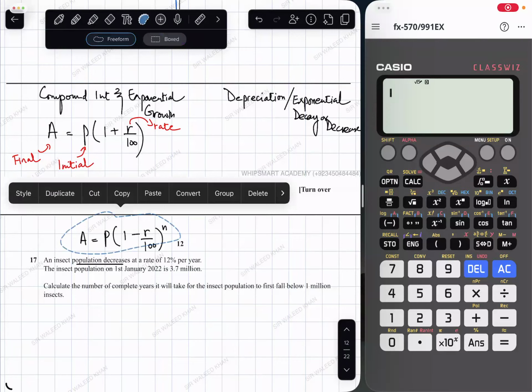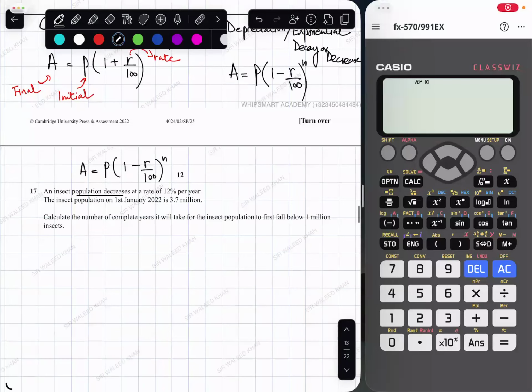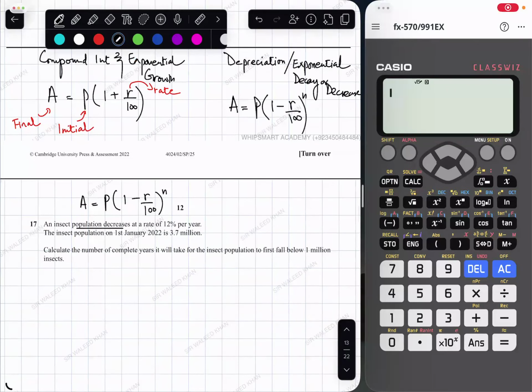So in this question, they are talking about decrease. So I'm going to use this formula. The rate is given to us. The insect population on 1st January 2022 is given, so that means this is the initial value. And your final value, because of the decrease, should be lesser. How much?